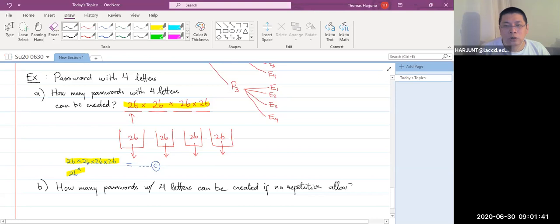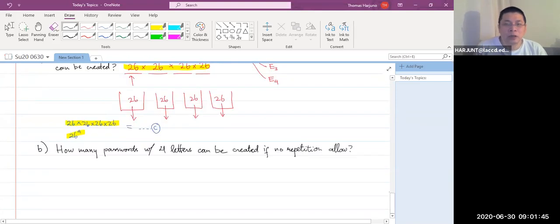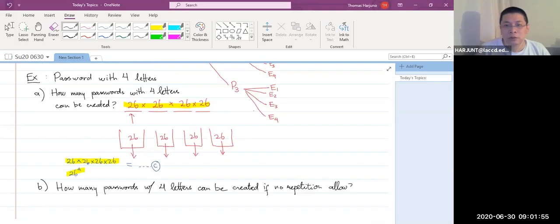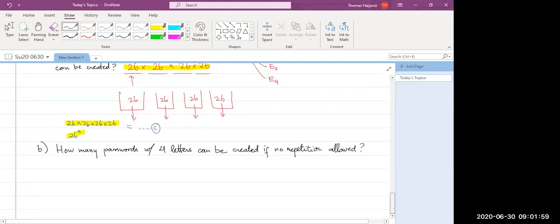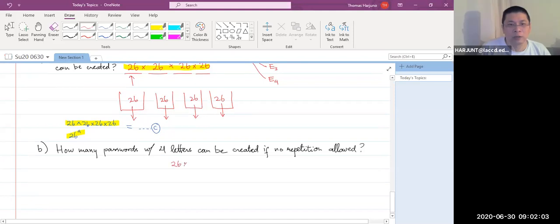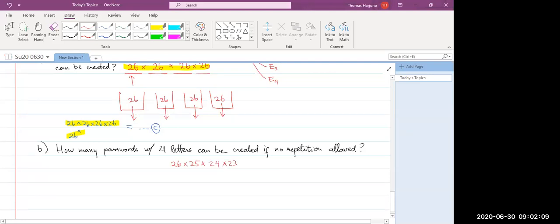Basically, you cannot use any same letter. So it'd be 26 times 25 times 24 times 23. That's correct. You can do it that way.